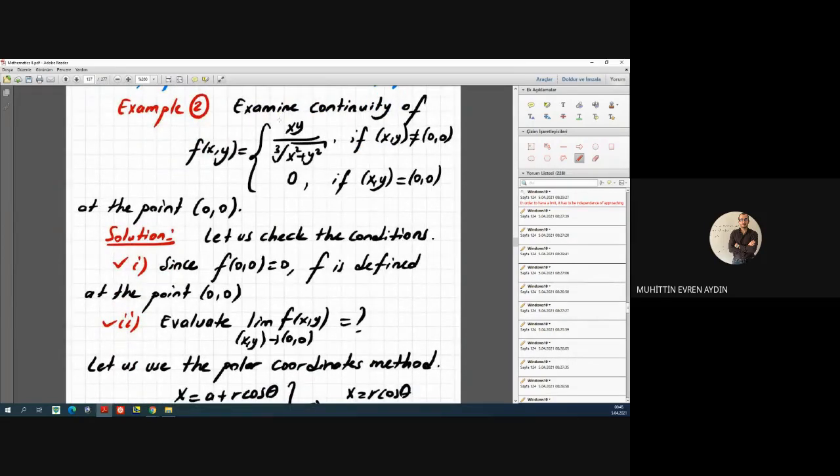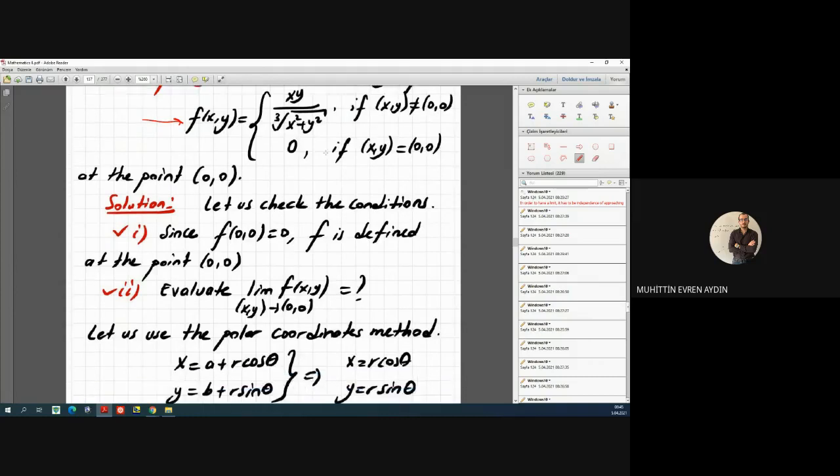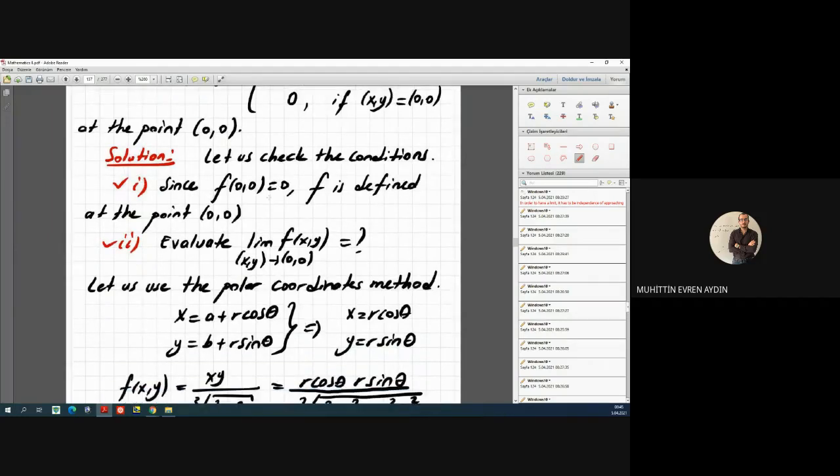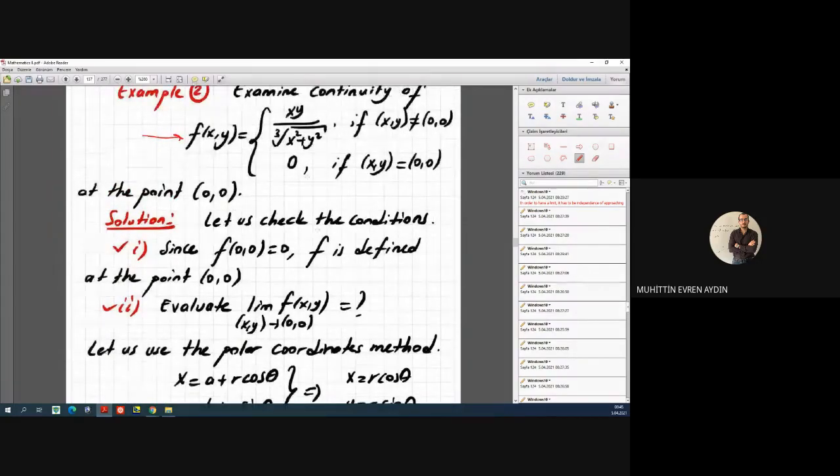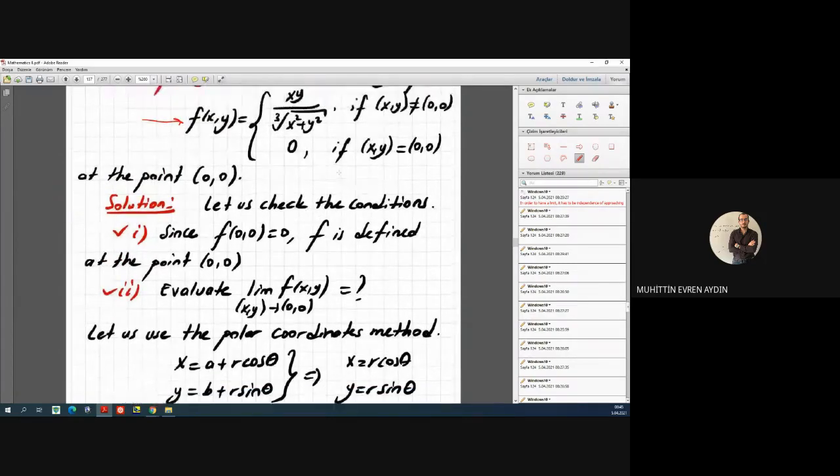Okay, let's solve this example. We determine if it's continuous or not at the point (0, 0). The function is clearly defined at the origin. Let's check whether it has a limit by using polar coordinates.